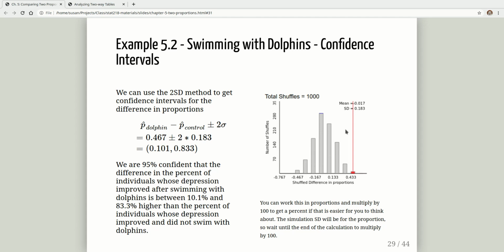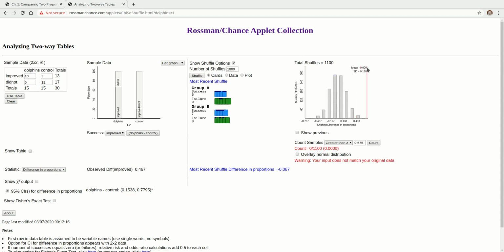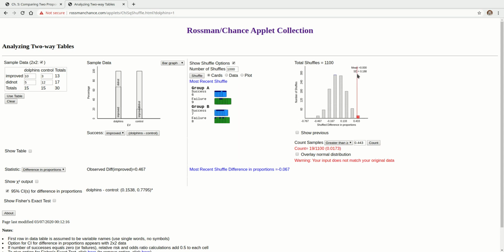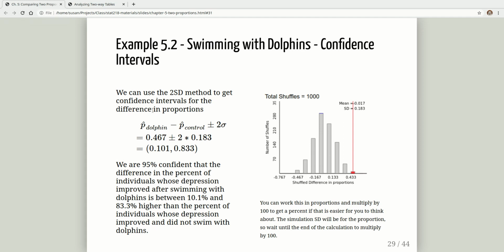We can also use that simulation to get confidence intervals. So over here you can see that we have a mean, we have a standard deviation. Okay, it won't let me select the text here, but it'll totally let me drag the red line around. Cool. At any rate, the standard deviation gives us a way to construct a confidence interval.